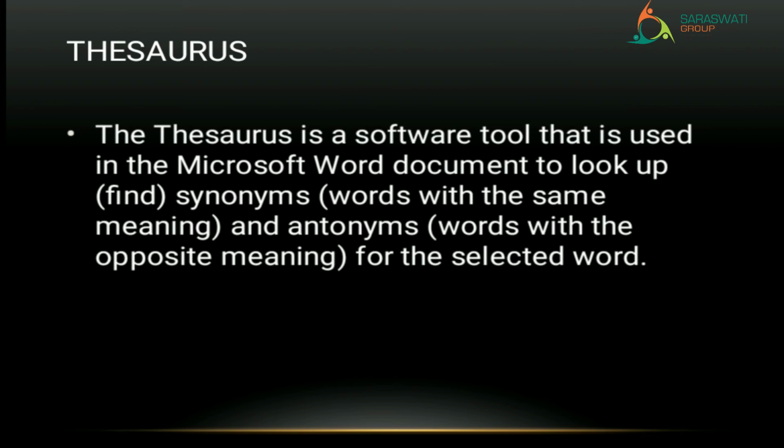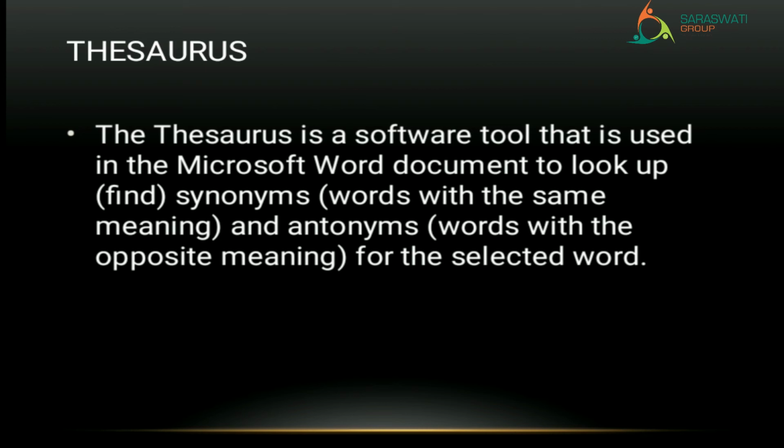That means, kids, you have typed one paragraph, right, in which you have used different words, but some of the words are such which have similar meaning or opposite meaning. So if you want to find out those synonyms or antonyms, then there is one tool in Microsoft Word that we will see practically, how to use it.